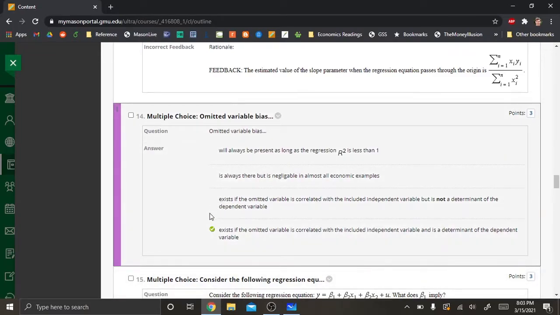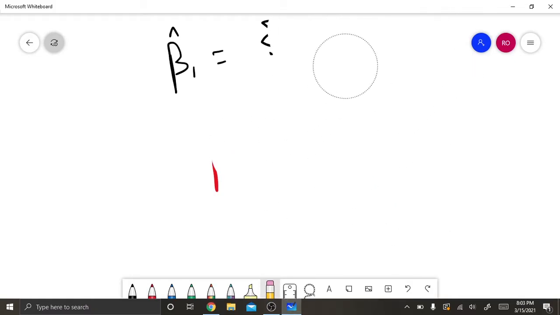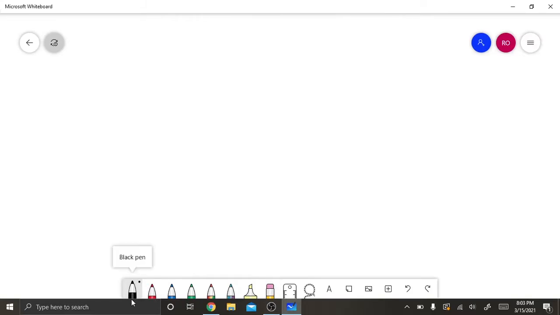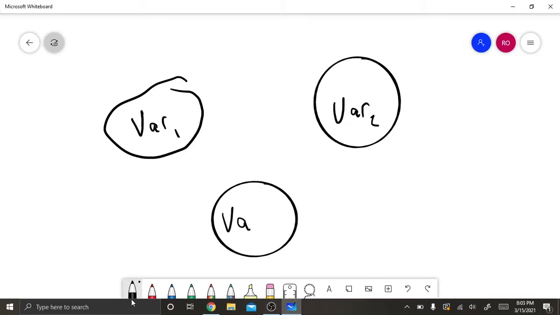Option 3: it exists if the omitted variable is correlated with the included independent variable, but is not a determinant of the dependent variable. It might help to think about that in terms of a directed acyclic graph. So what exactly are they saying? You've got some variable here, you've got some variable here, and you've got an omitted variable.